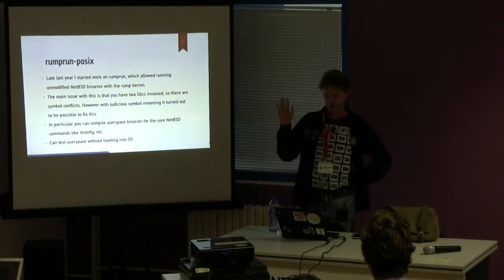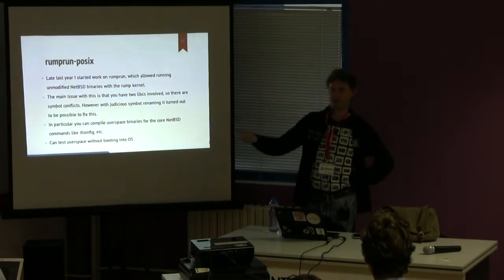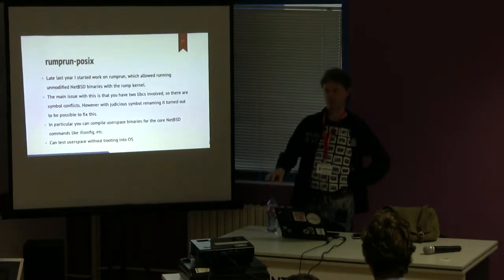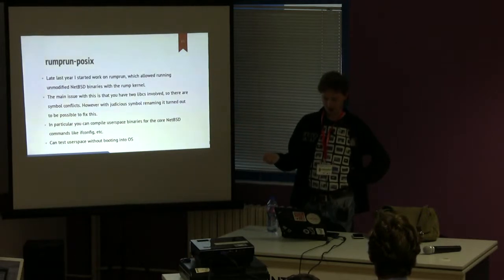But it works, and you can basically compile. There's a little script that compiles stuff out of the NetBSD tree, so you can compile pretty much all the core Userspace stuff.